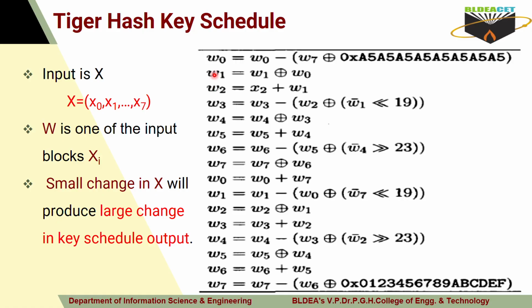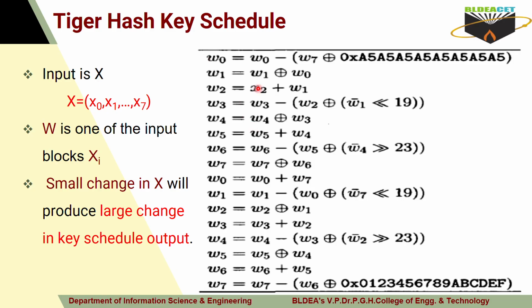What does it tell? If you want the W0 value, you generate it as a key by using W0 minus W7 XOR with this constant hexadecimal value here. After applying this, what result do you get? From that result you subtract FW0, and that result you take as W0, the hash key value here.